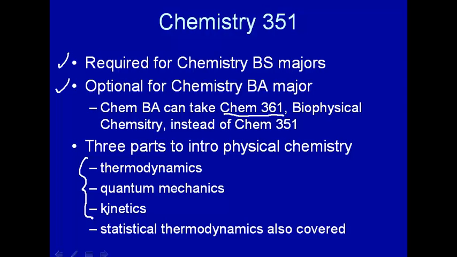However, if you actually look at an introductory physical chemistry textbook, there's a fourth topic, statistical thermodynamics, which is also covered. We will be concentrating on the first three topics in this course, and we will also have a couple of lectures on statistical thermodynamics. If you want to learn more about statistical thermodynamics, take Chem 452. If you want to learn more about quantum mechanics, take Chem 451.